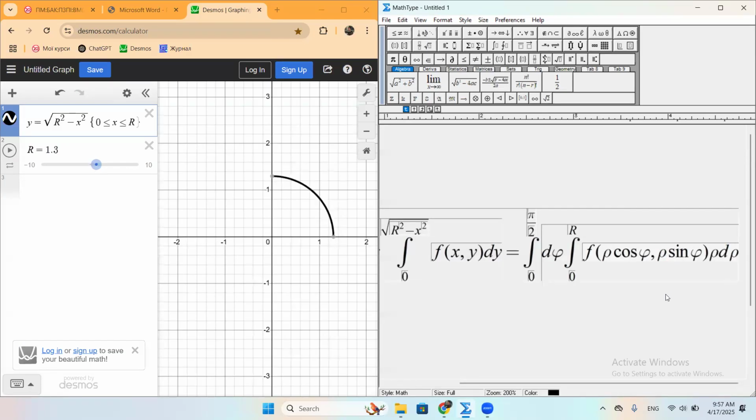And that's it. So we adjusted the limits of integration. So we transferred to polar coordinates.